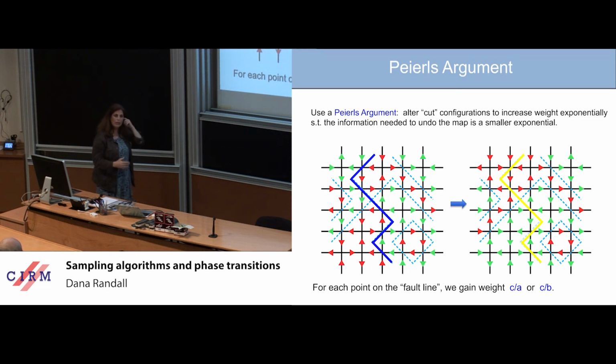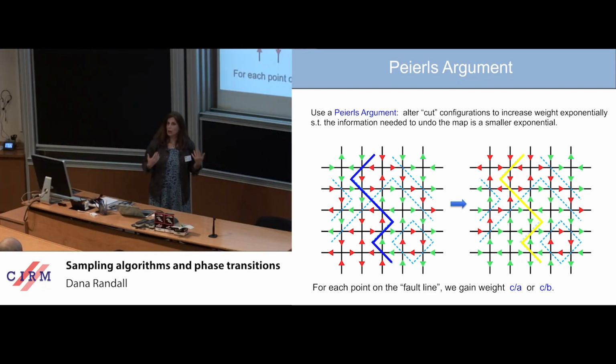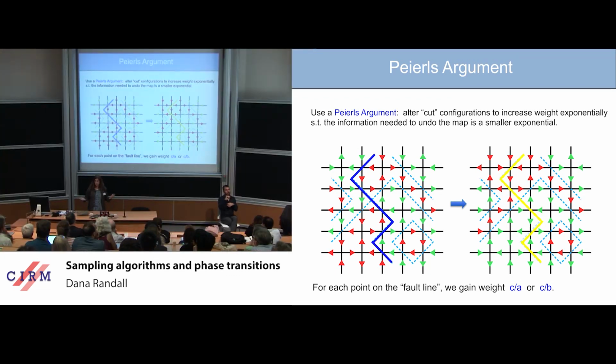So literally, I'm switching the orientation of the arrows to the left of the blue path and not to the right. And I map onto something on the right, which hopefully has now a lot more of these saddle points. Okay? So doing it in a way that the gain is larger than the information it takes to reconstruct where this path was. This is called a Peierls argument, and I'm just not going to cover the details.